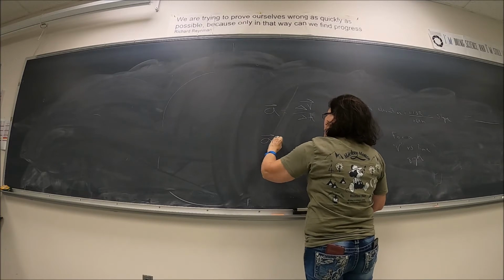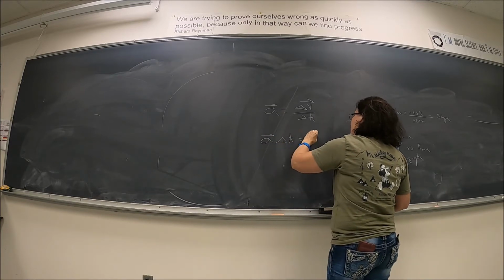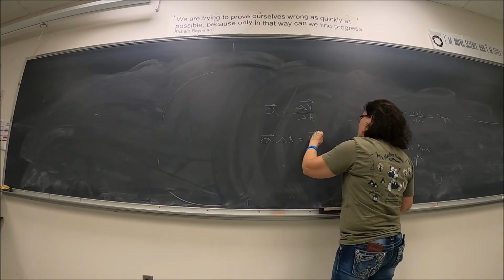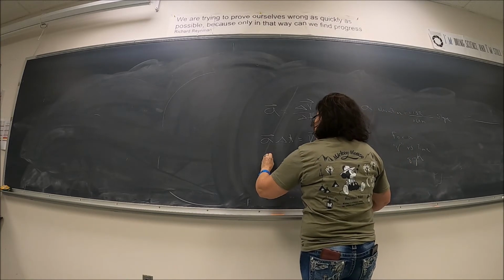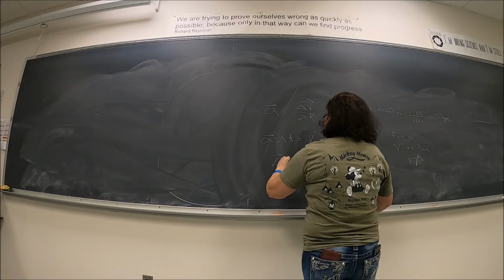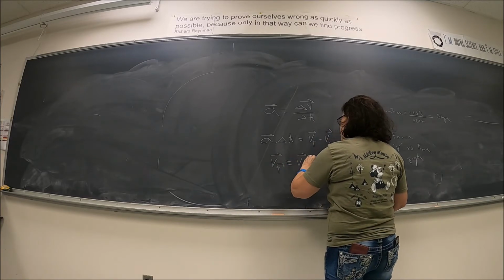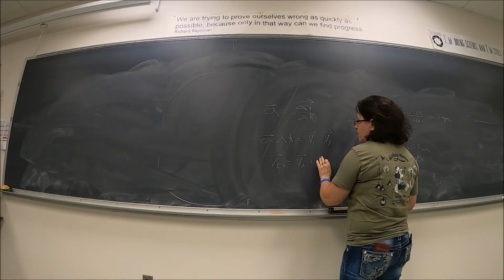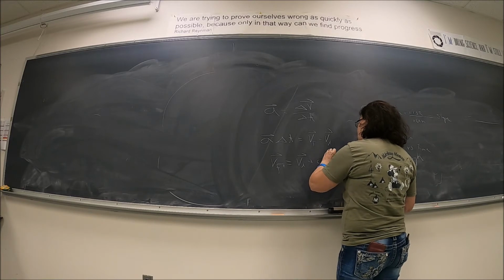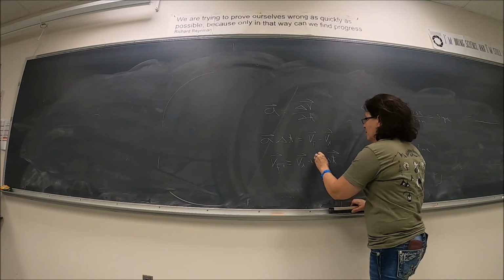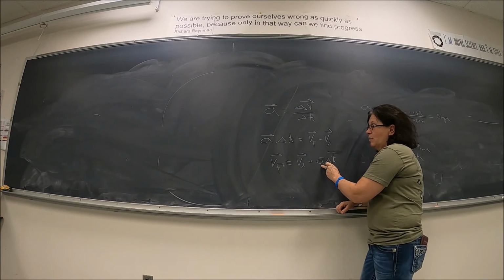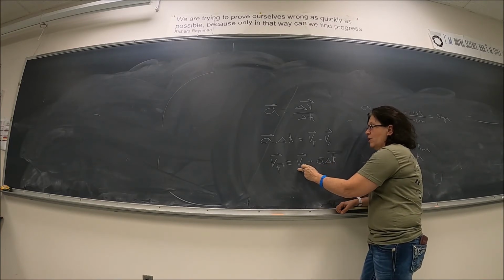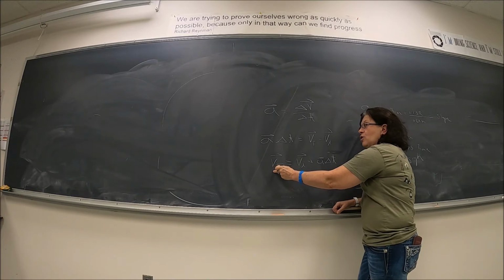So I can say that a delta t is equal to v final minus v initial. Or I can say that v final is equal to v initial plus a delta t.